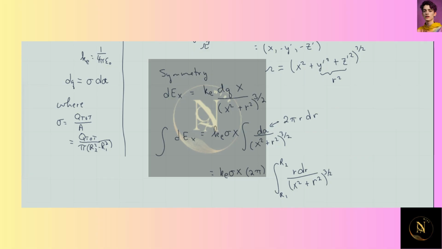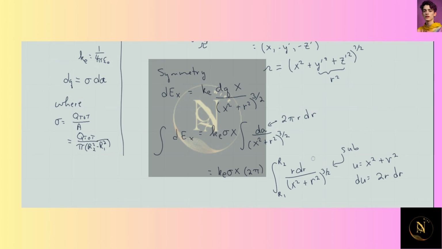You better check it, though. I usually drop factors of 2, just accidentally. But make a substitution with u equals x squared plus little r squared, and then du is equal to 2r dr. Maybe I better go ahead and do that integral, just one more check on my math.